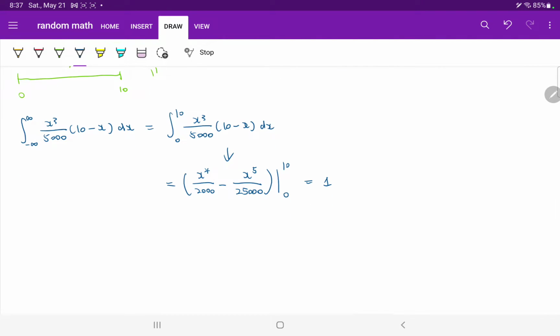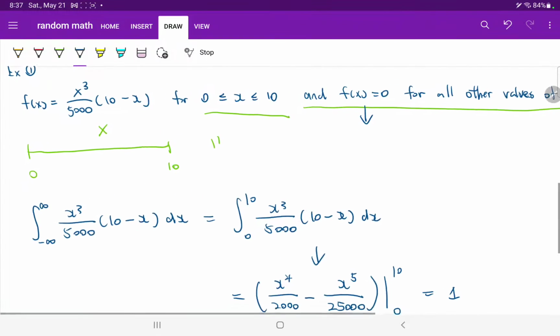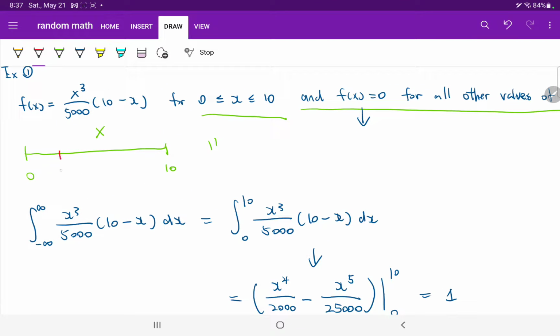Our second question says that we want to find out the probability that if I choose a random value of x, it lies between, let's say, 1 and 4. So let's look at our interval here.